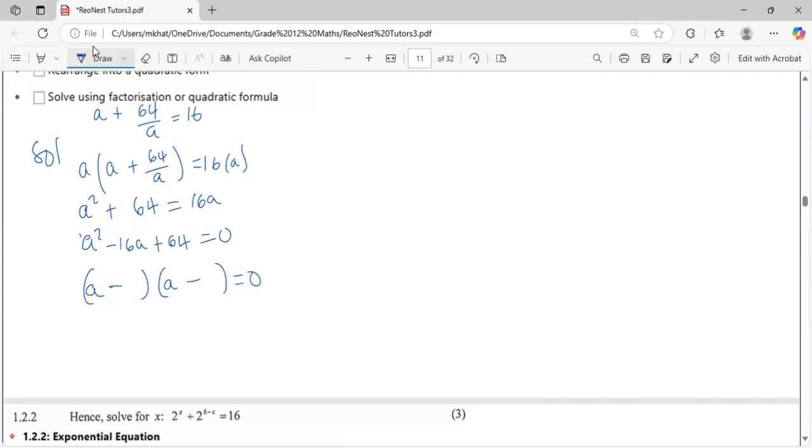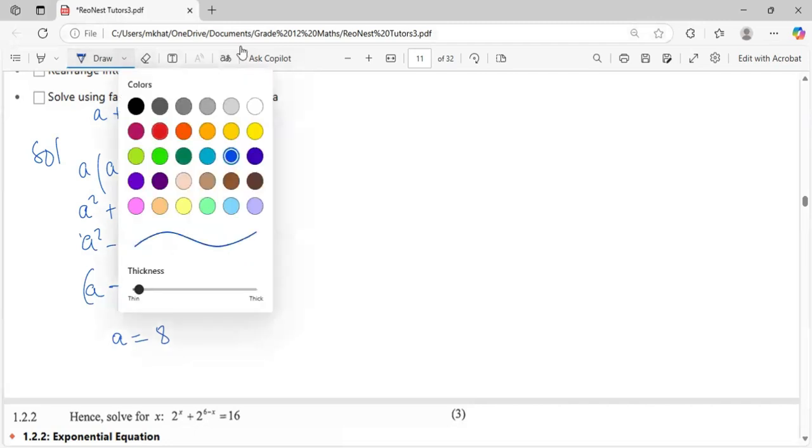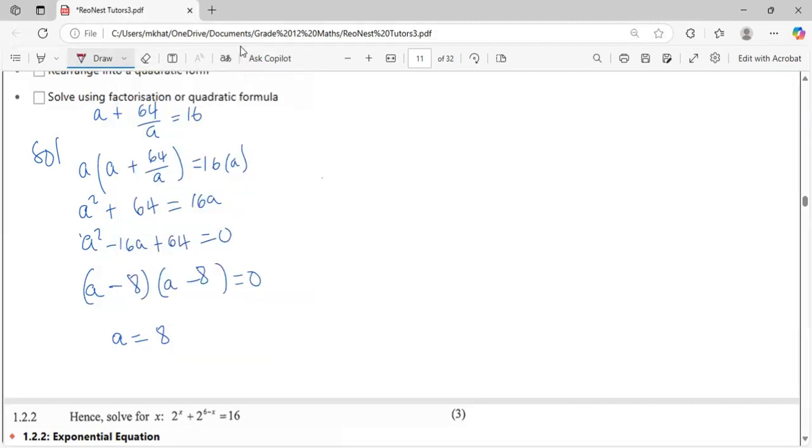And I know that negative 8 minus 8 will be negative 16. So in this case, your a is equal to positive 8. So you'll be marked for putting this in a standard form, factorizing and finding your a.